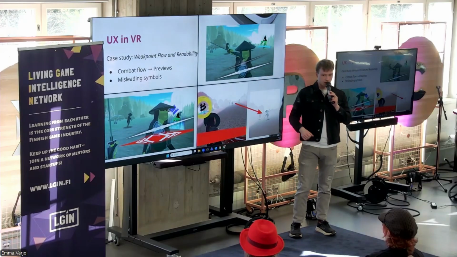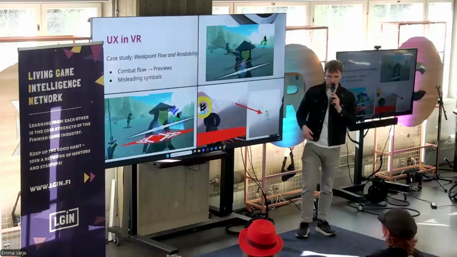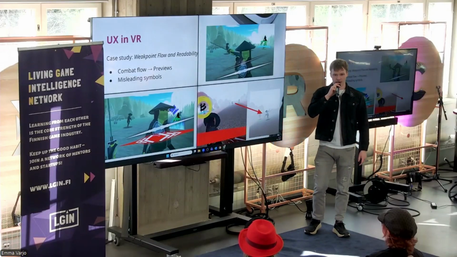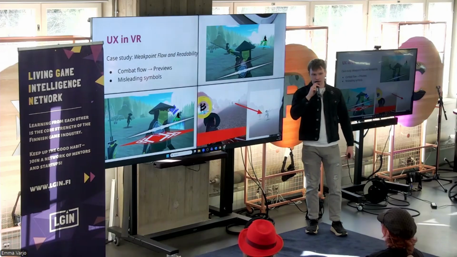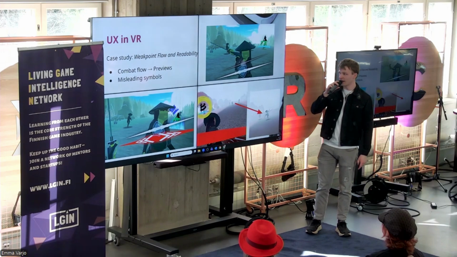They thought, okay, this is a blocking icon, so I align my sword like this, so I block the enemy attack. And of course that didn't work. Then players were like, I'm really bad at this game, or you have some issues with your hit recognition or something like that. And we were like, okay, this is not going to work.